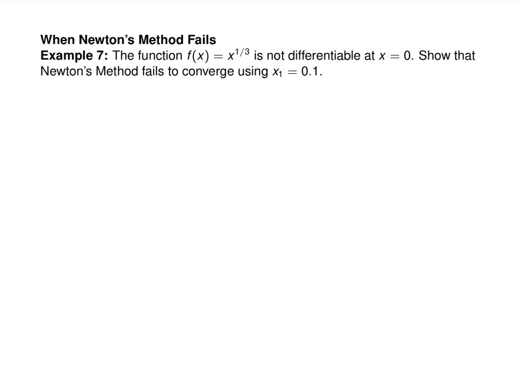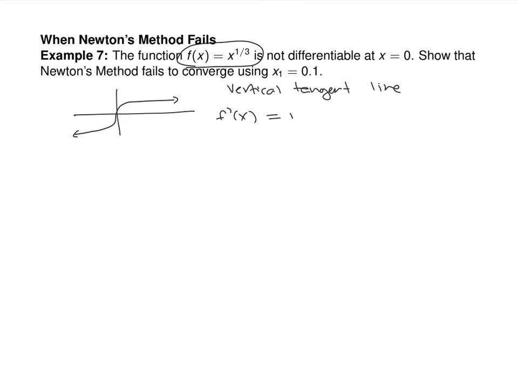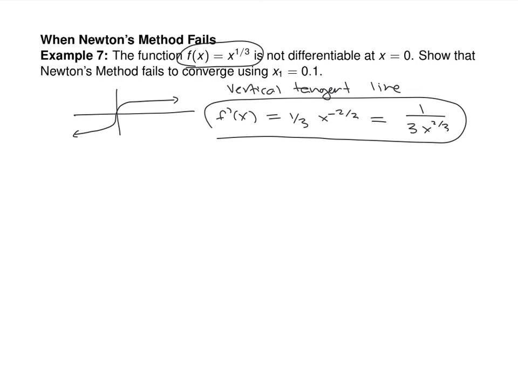All right, now this function is not differentiable at x equals 0. Who remembers why? What's wrong with x to the 1/3 at x equals 0? It's a vertical tangent line. And it's pretty easy now that you know derivative formulas to show that that's the case, because f prime of x is 1/3 x to the negative 2/3, which is the same thing as 1 over 3x to the 2/3, and it's pretty obvious you cannot plug 0 into that denominator.